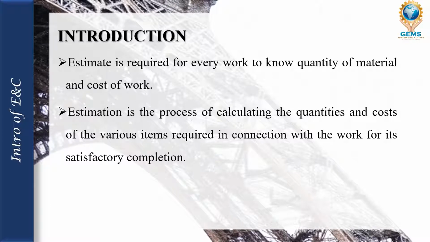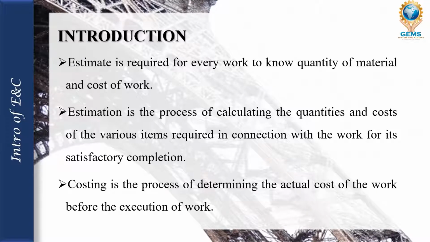Estimation is the process of calculating the quantities and cost of the various items required in connection with the work for its satisfactory completion. Costing is the process of determining the actual cost of the work before the execution of work. We just learned what is estimation, what is costing, and why we are doing estimation.